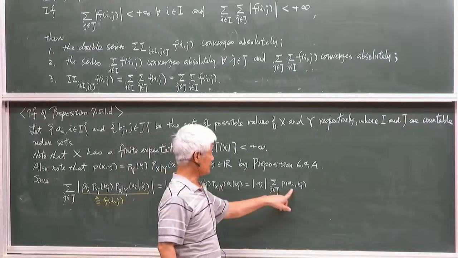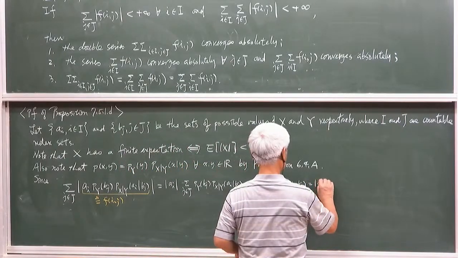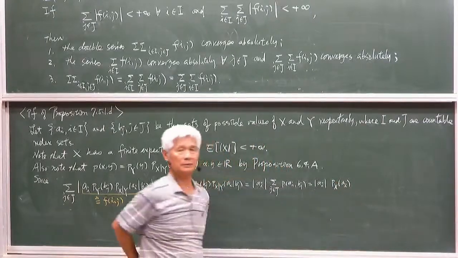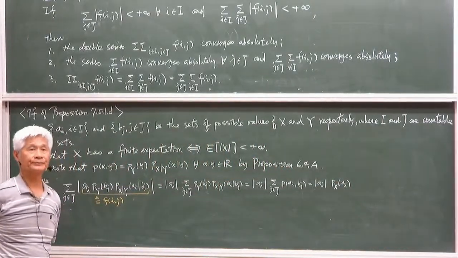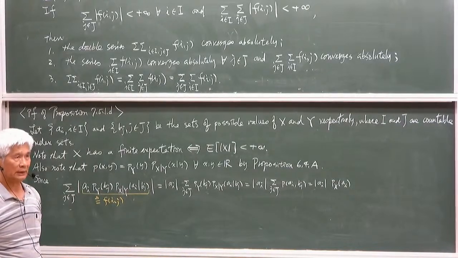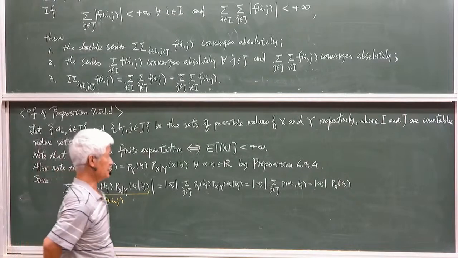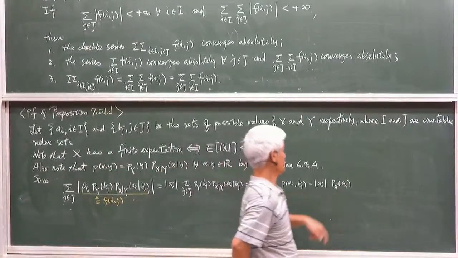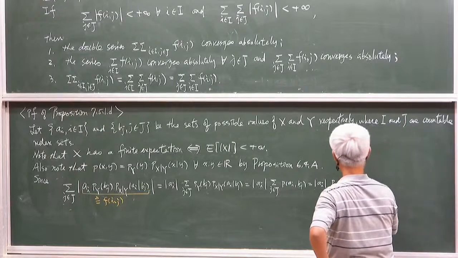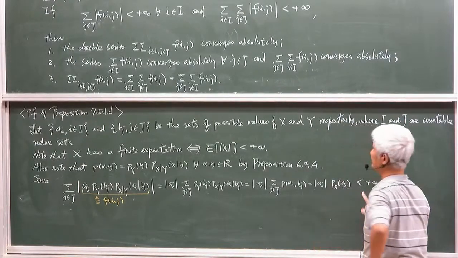Now when you sum over all j, this is just the marginal PMF, which we discussed in chapter 6. So we have this one. And of course, this is finite for all i in I, right?